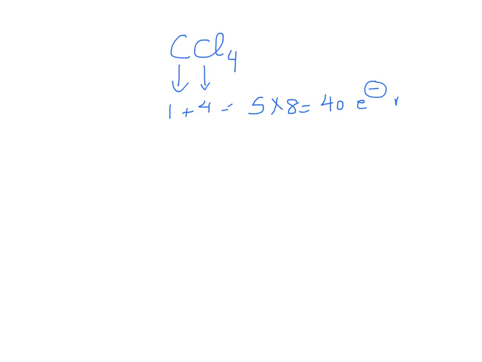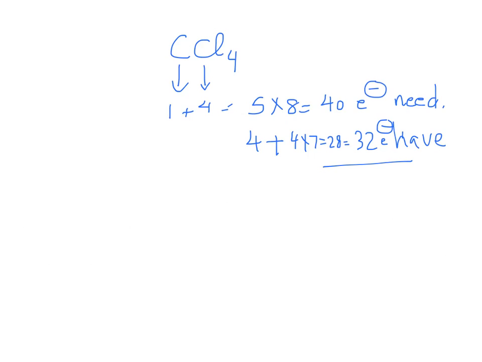And we have 4 electrons for carbon, and we have 4 times 7, which will be 28. So we have 32 electrons already. And now we go need minus have, and that will be 40 minus 32, so that's 8 electrons.